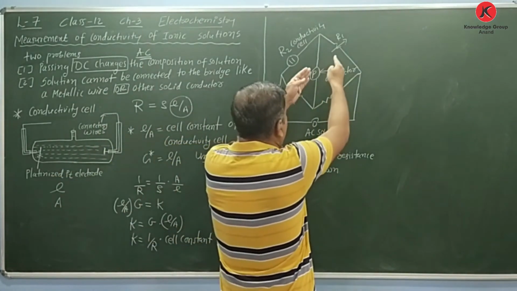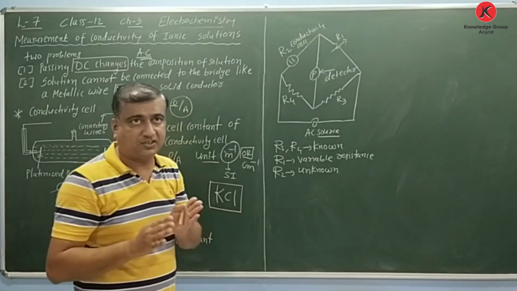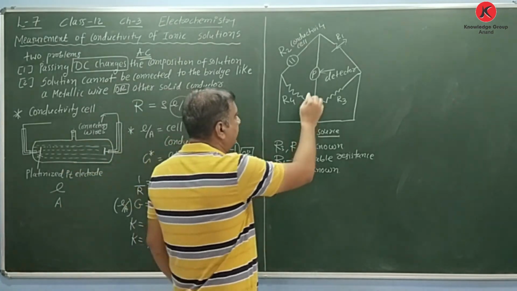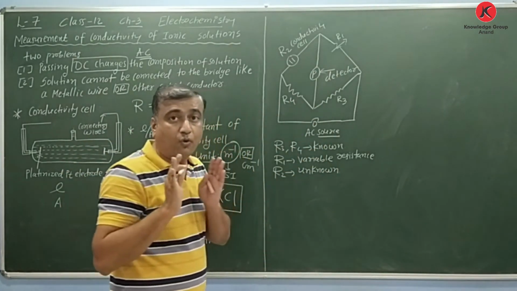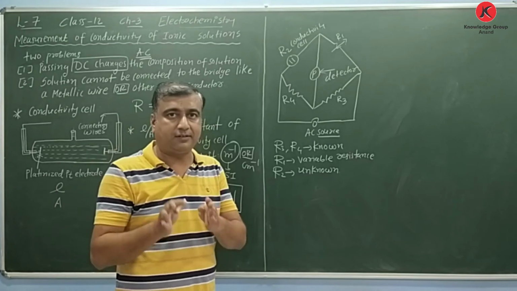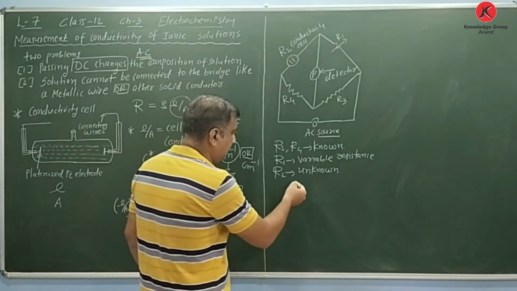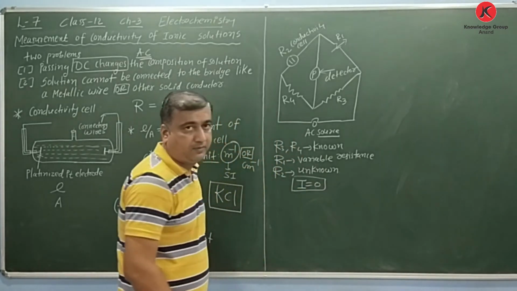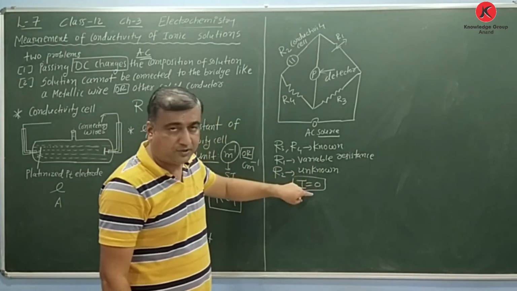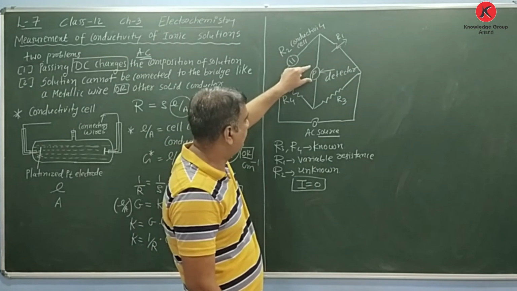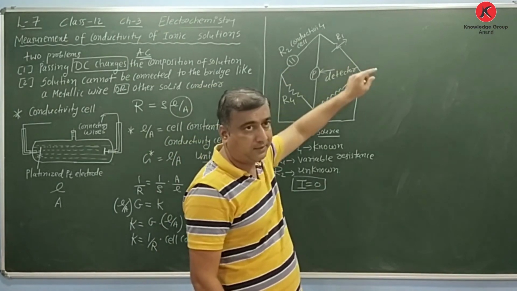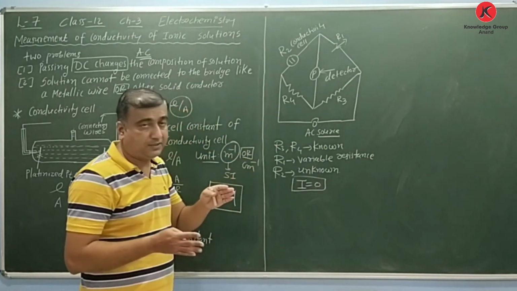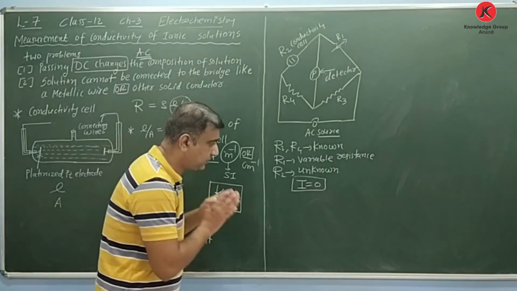We have to set the value of R1 in such a way that there is no current in the detector. That means the bridge is balanced, that means I equals 0. When I becomes 0, there is no current through the detector. At that time, this bridge is balanced.